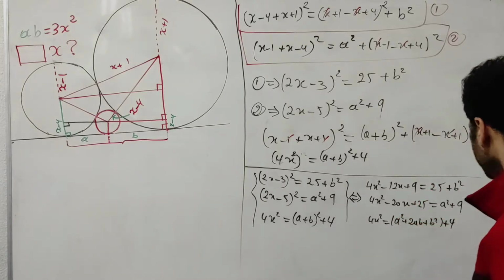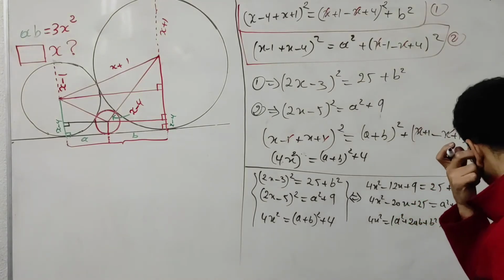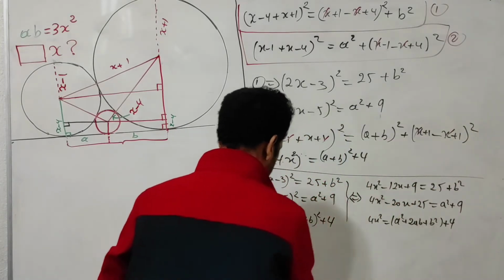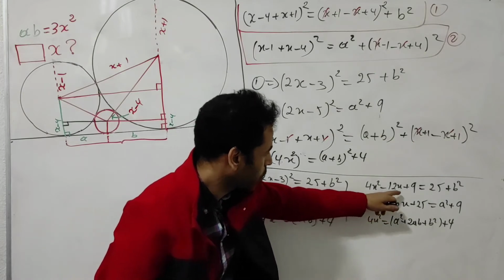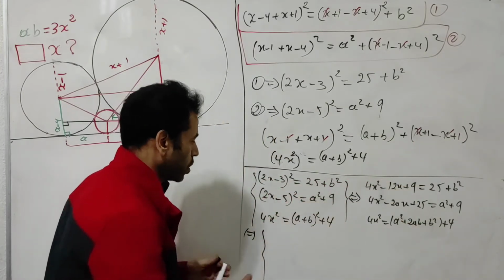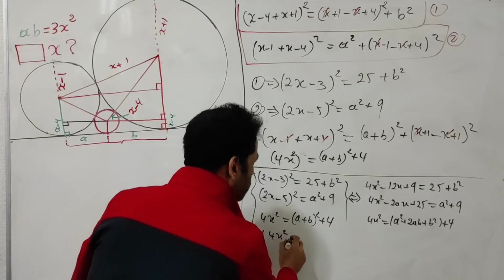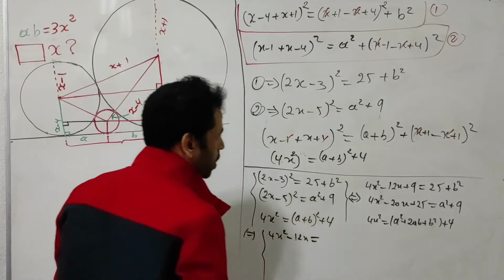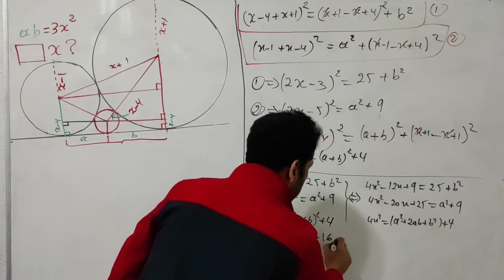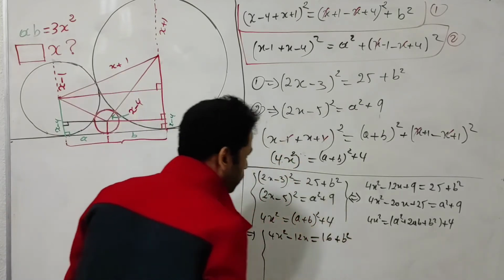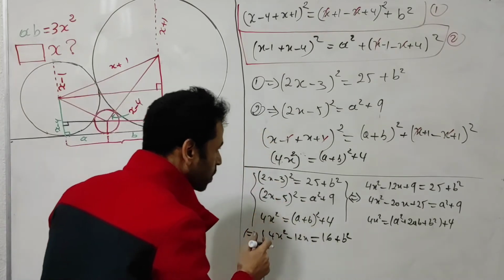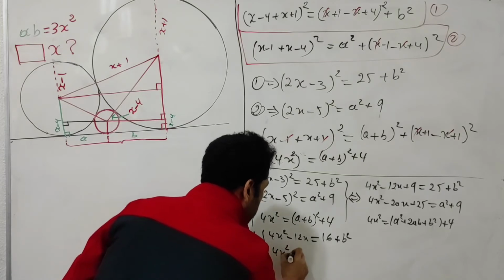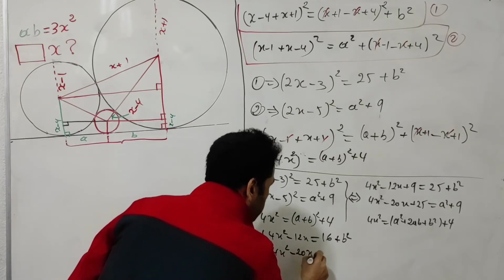So now I'm going to simplify this one more by moving 9 over to the other side. I will get 4x squared minus 12x equal to 25 minus 9, which is 16, plus b squared. And then the second equation, I will get 4x squared minus 20x.